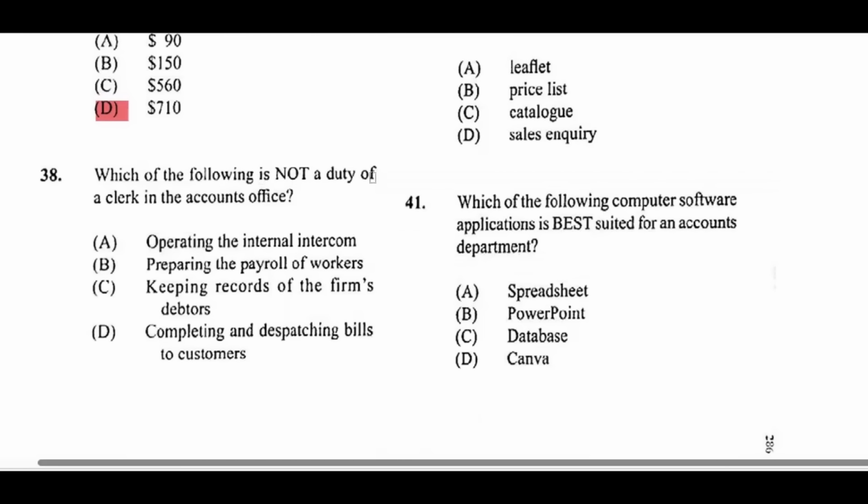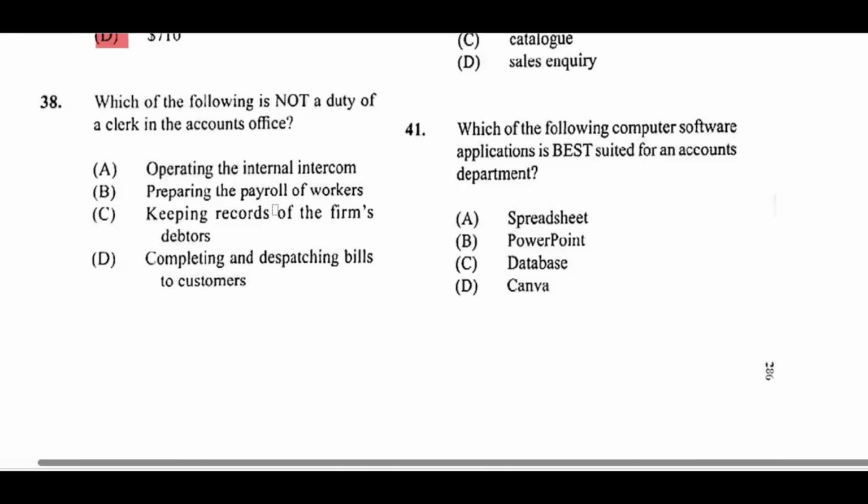Which of the following is not a duty of a clerk in the accounts office? Operating the internal intercom is not a duty. Preparing the payroll of workers, that is a duty of accounts.